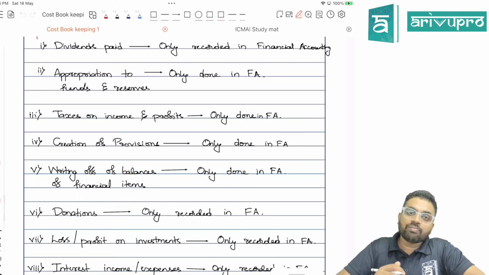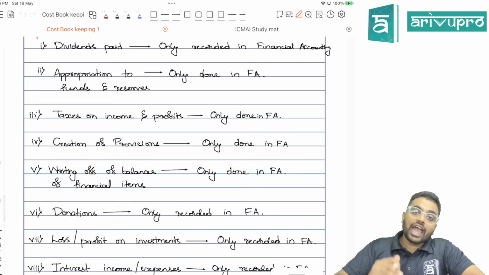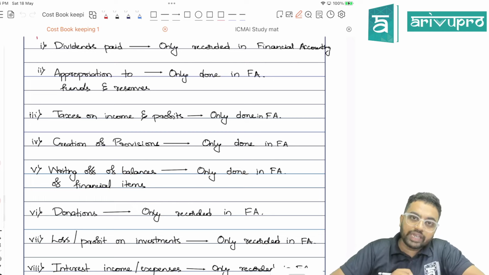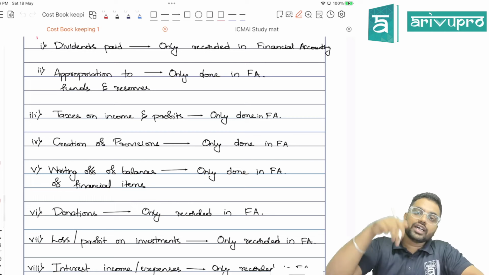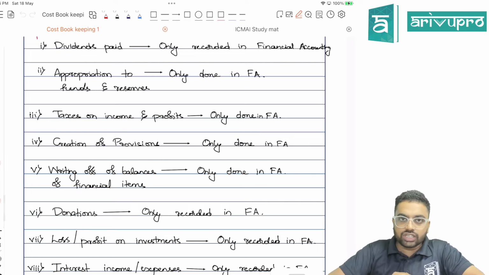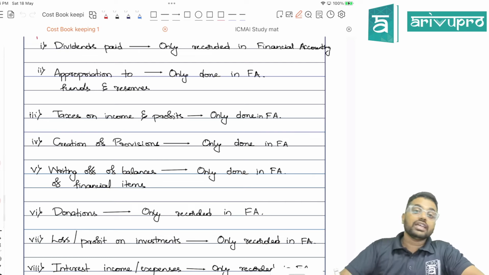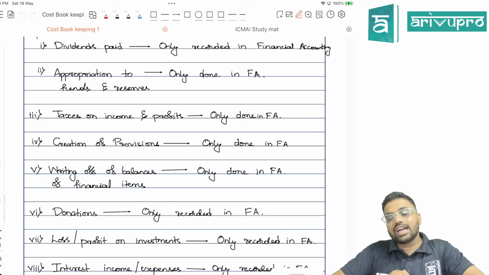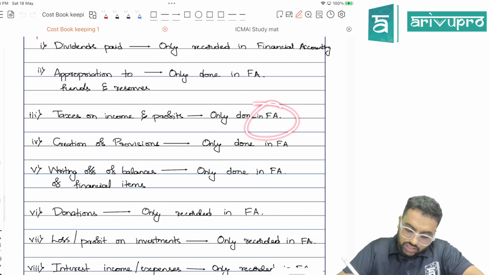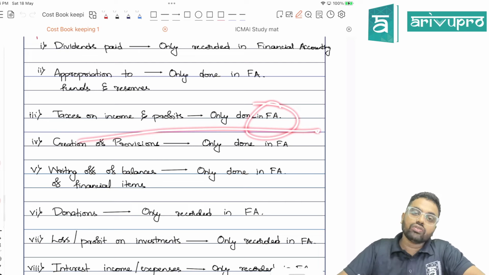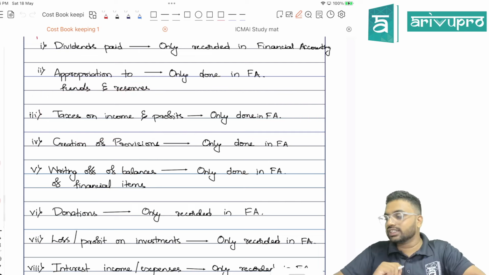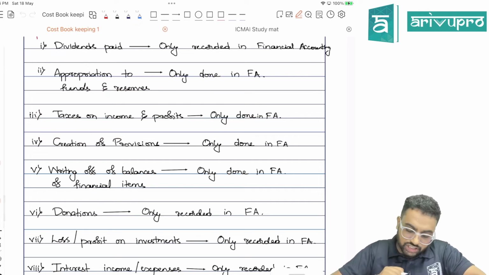Direct taxes are computed as per the tax profit, which is computed as per the books of accounts. So income tax won't be recorded in the cost records or a cost accounting system in the non-integrated form. It is only recorded in the financial accounts, and that is one of the reasons why my cost accounting and financial accounting are not matching.